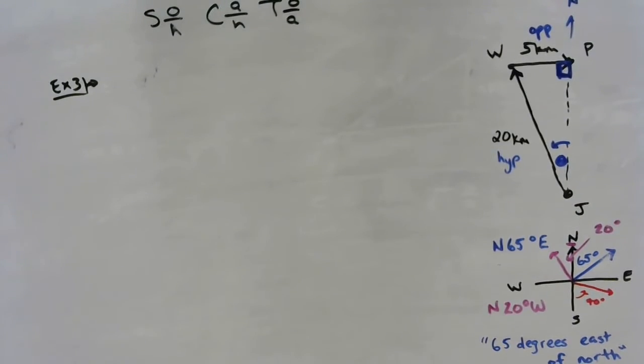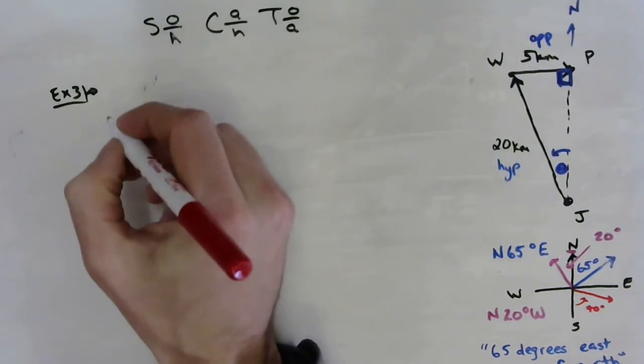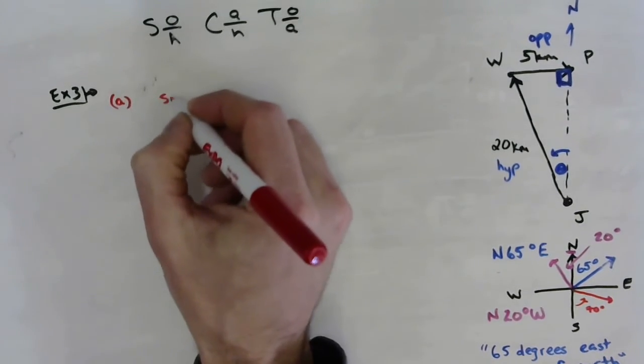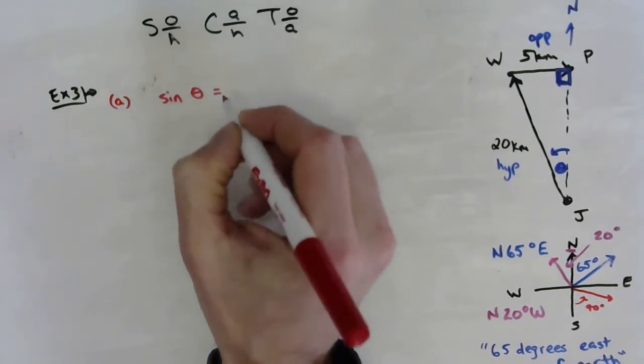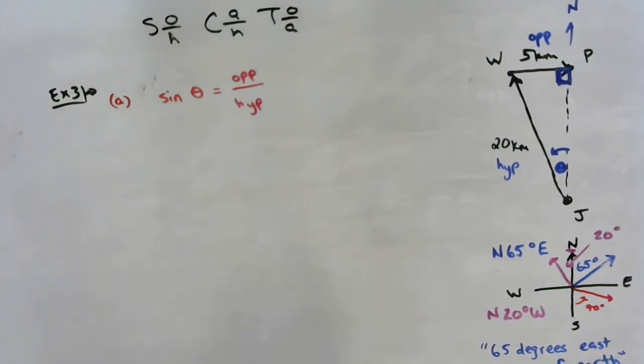Okay, so if I have the opposite and the hypotenuse, which ratio am I using? You are going to use the sine ratio. I'm going to remember that this actually translates into the sine of theta is equal to up over height.